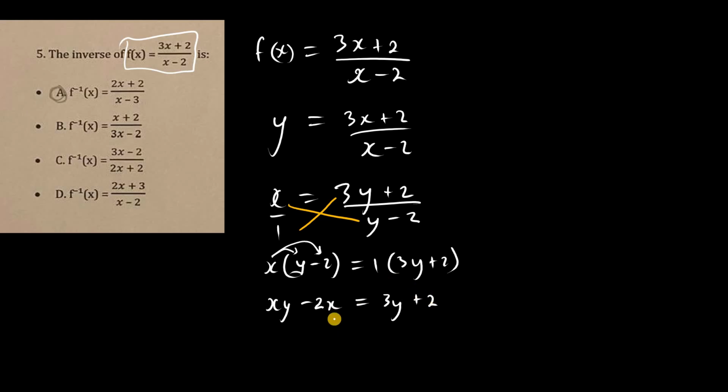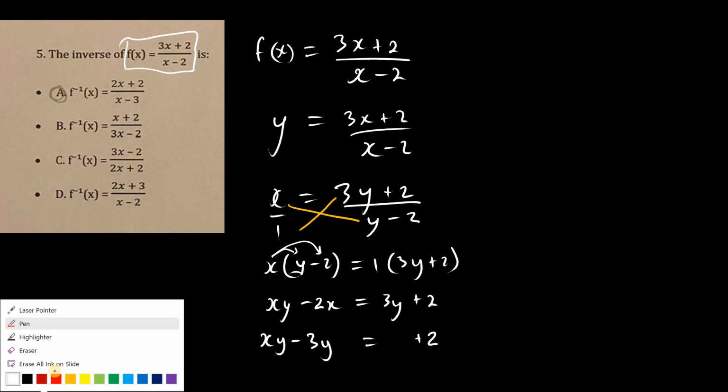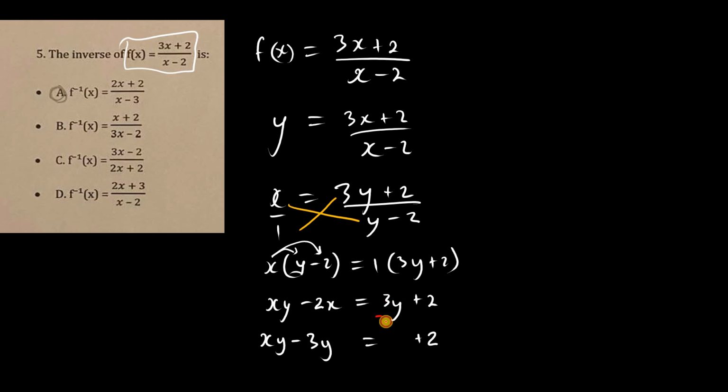Alright, next step. We want to remove this 3y from this side, so we're going to subtract it from both sides. So we're going to have xy, subtract 3y from this side, leaving us with just 2. And then we subtract the same 3y from this side as well. Grasp that? So what I just did, I subtracted 3y from both sides.